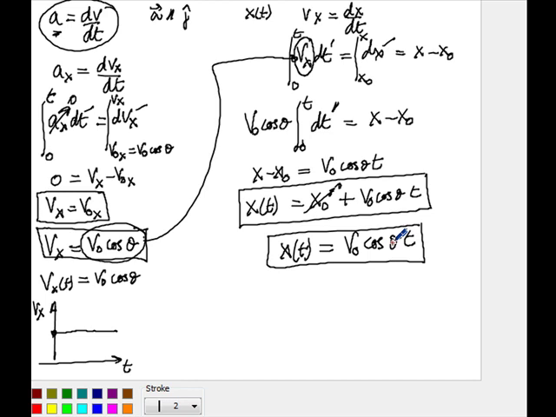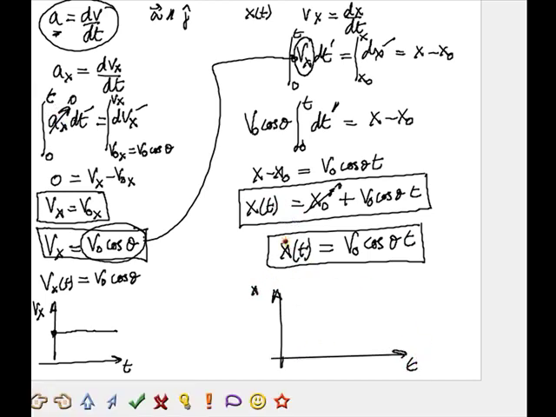And then as t increases, x is going to increase linearly, because this looks like a line equation, right? If you plot x versus t, this is the same as having y as a function of x. V naught cosine theta is nothing else but the slope. If your x naught is not 0, you will start somewhere on the x-axis.